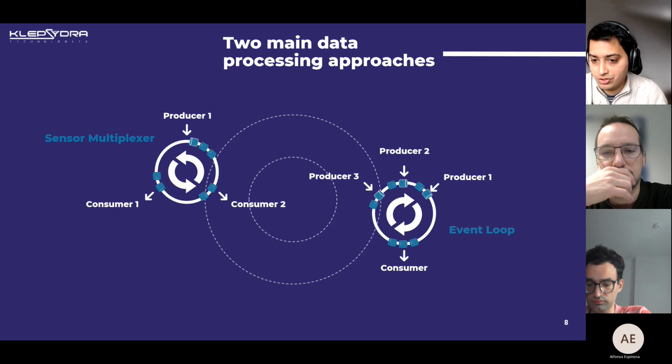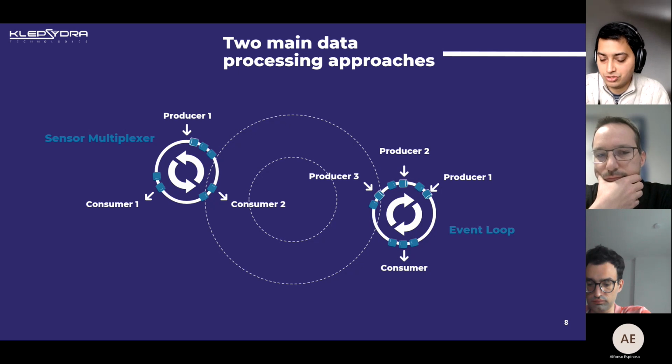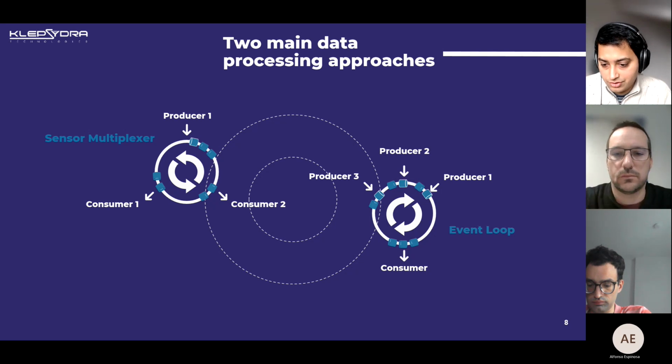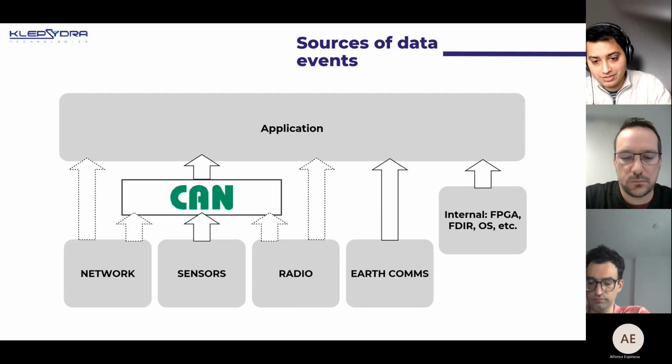You have multiple producers which all publish to the same event loop, and the consumer consumes those events. Since they are in the same event loop, you don't have to worry about thread contentions and so on. Okay. So, just the same information in a different way.